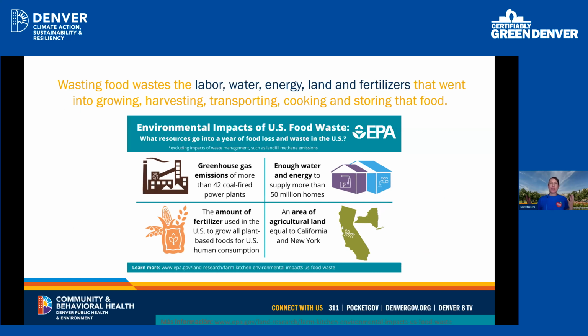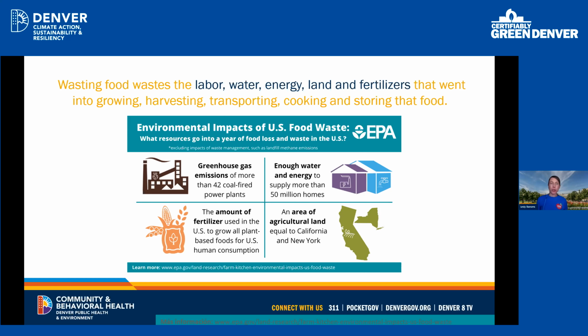And I think something important to keep in mind, that a lot of people don't think about, is that when you're wasting food, you're really wasting all of the labor, the water, the energy, the land that went into the process of growing, harvesting, transporting, refrigerating, cooking, storing that food. And so all that waste really adds up during the life of the food. And we don't often think about that because we purchase the item and that whole lifespan behind that food item is completely lost on us.